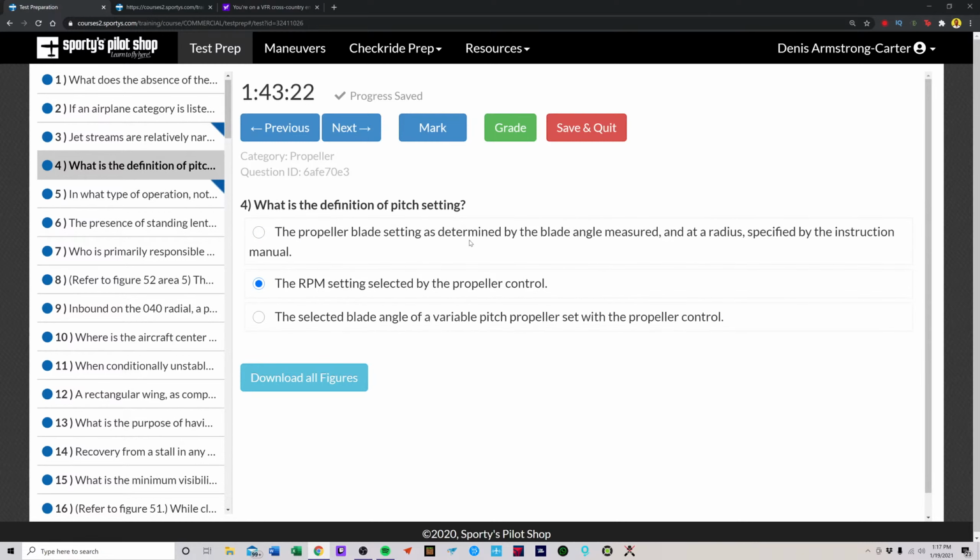It's just this one. Pitch setting. I think it might be that one. I honestly think it might be that one. So I'm going to go ahead and submit it because I think that's what it is.